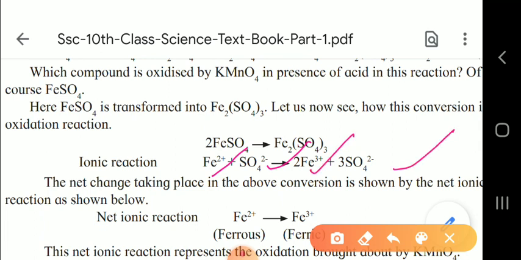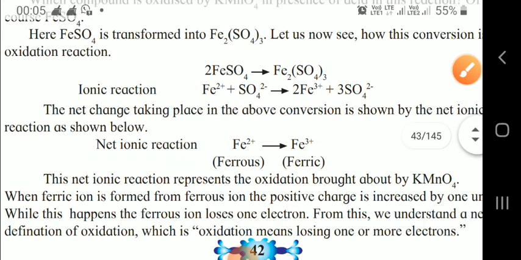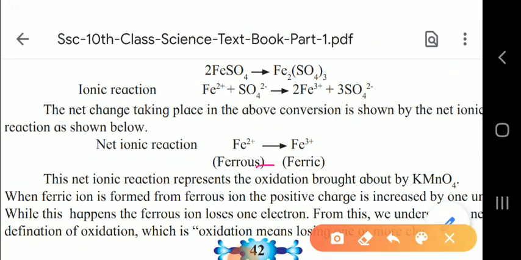The net change taking place in the above, we can see the net reaction as follows: Fe2+ will change to Fe3+. That means ferrous will change to ferric. Here ferrous is changed to ferric. The net ionic reaction represents the oxidation brought about by the KMnO4.